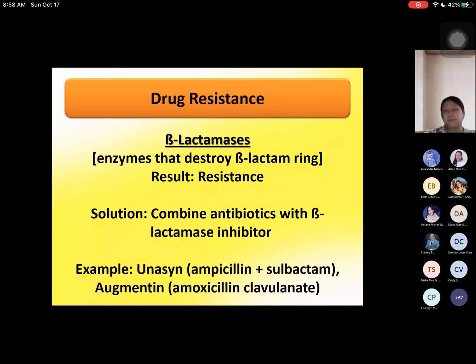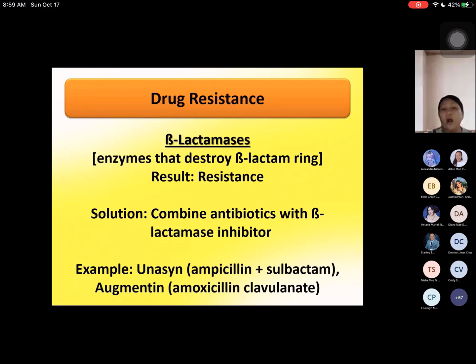If certain antibiotics have the B-lactamase inhibitor, they may be effective, but they may be resisted because there are microorganisms that have B-lactamase. Examples of this are Unasyn, the combination of ampicillin plus sulbactam, and then we have Augmentin, which is the combination of amoxicillin and clavulanate.